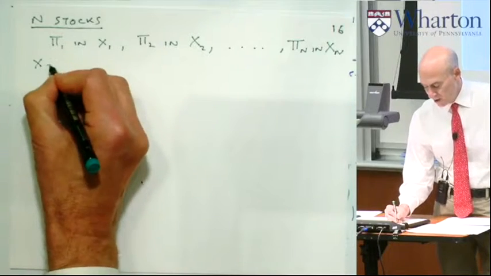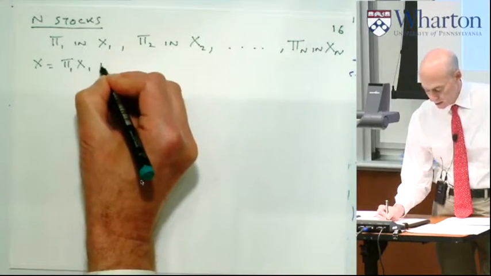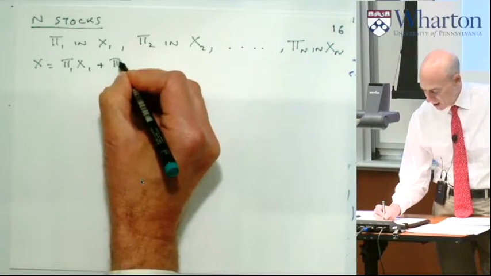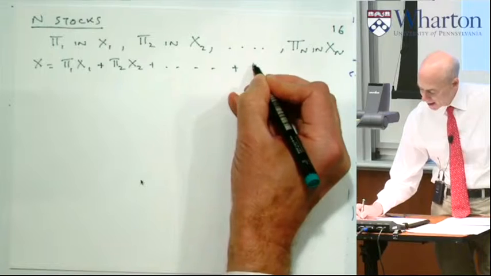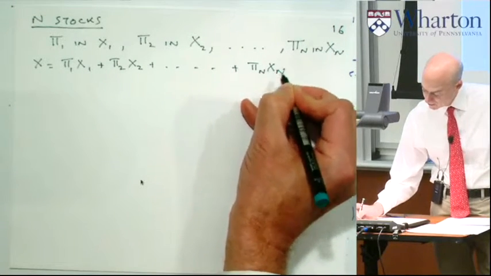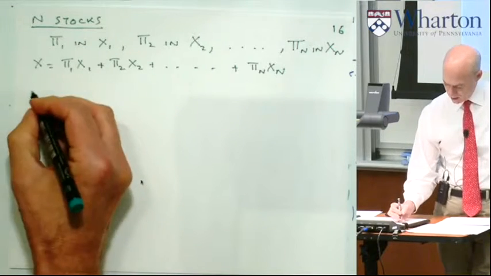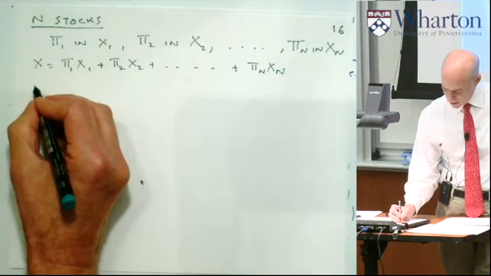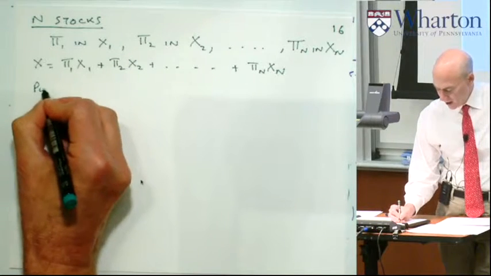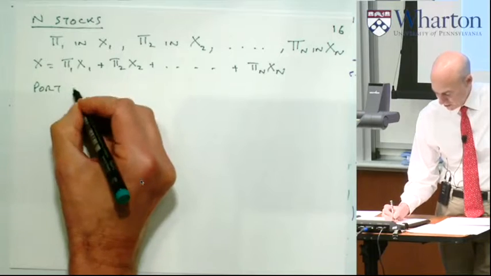The portfolio return is going to be pi1 x1, pi2 x2, and so on up to pi n xn. Now the portfolio variance, sorry, let's do the portfolio mean first.